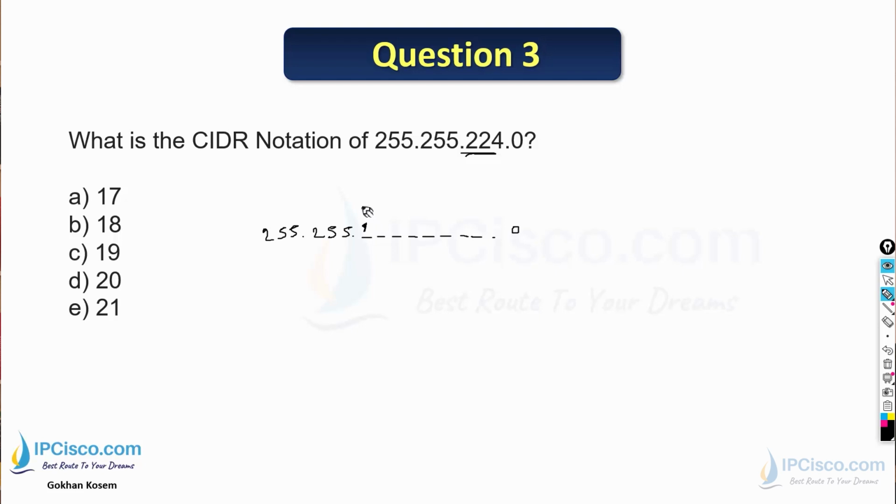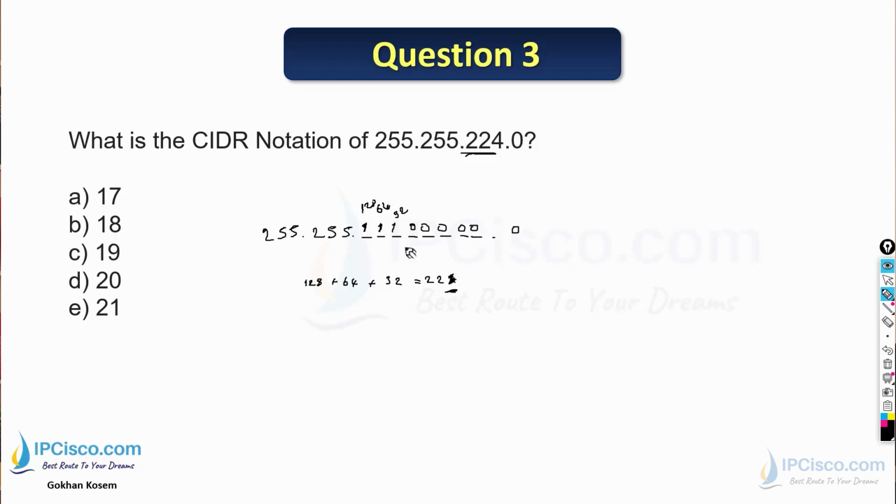Firstly, I write this one. The value of this part is 128. I write this one again, and the value of this is 64. And then I will write 1 for this, and this is 32. And when we add these ones together, we will find 224. So these are zeros.